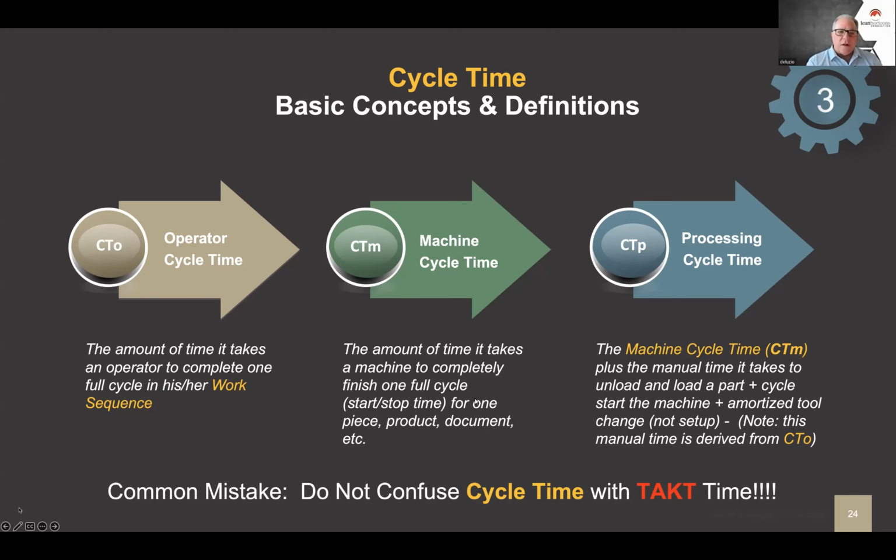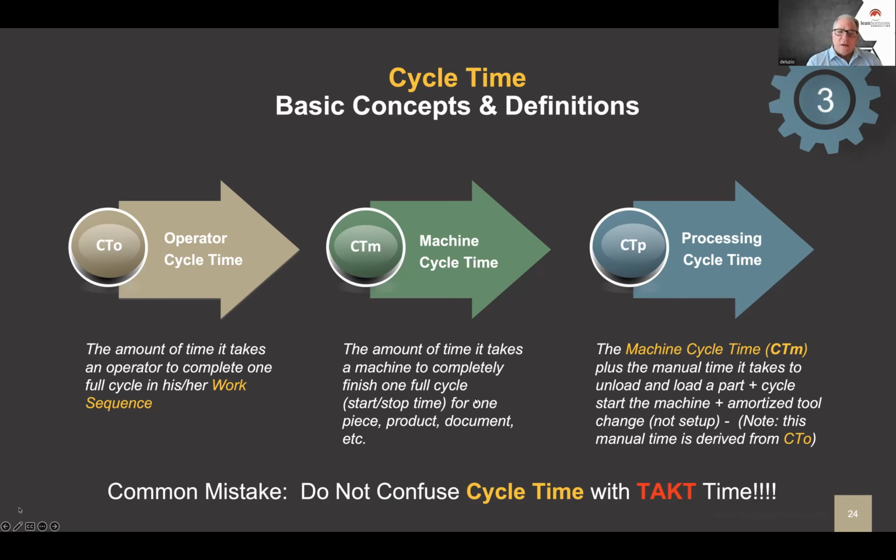This is not the cycle time for an operator to complete 10 or 12 or 15 parts. This is one unit, one at a time. And that's what the work sequence should be specified as. And of course, as we discussed last time, the work sequence has to be within the context of takt time. If not, you will exceed your takt time and you will not hit your daily requirements.